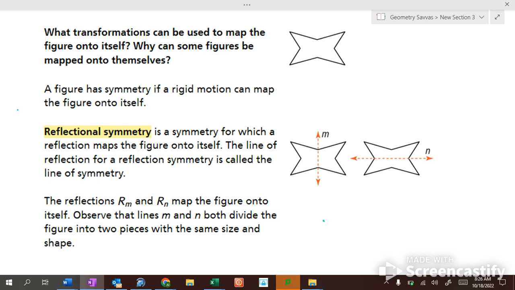So reflectional symmetry is symmetry for which a reflection maps a figure onto itself.